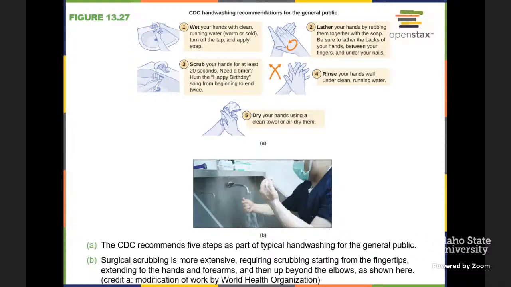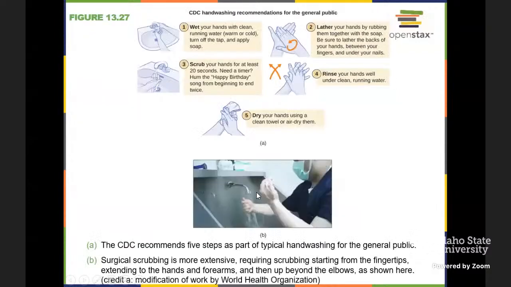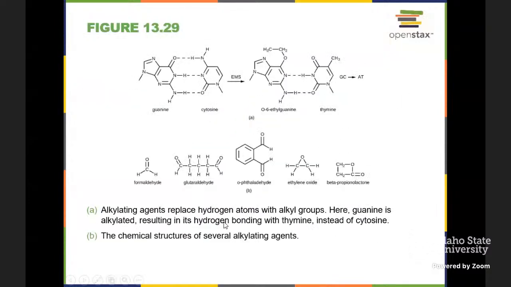There's just a couple slides left to wrap up chapter 13, and then we're going to bump over into 14 here in just a second. So a couple extra molecules, chlorhexidine and alexidine, both of these antiseptics that we think of as commonly used in surgical scrubs, potentially like what we're seeing here.